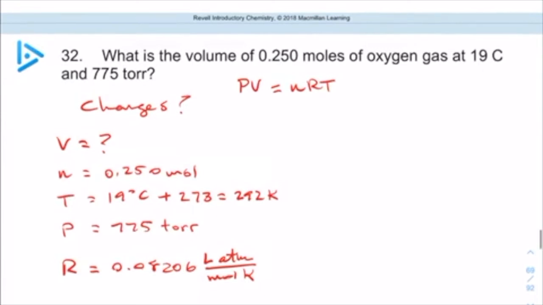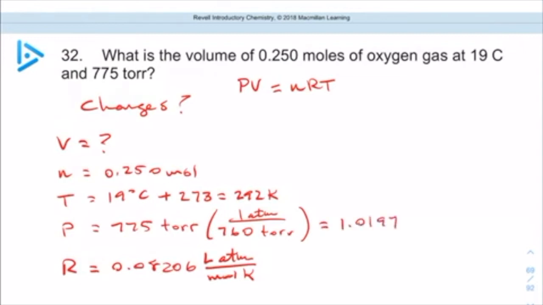And the pressure needs to be in atmospheres, so I need to convert torr to atmospheres. Okay, and the pressure comes out to be 1.0197. And I'm tracking at the third sig fig.